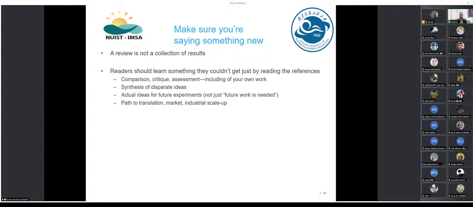By reading a review, the reader should learn some new idea, new path, or novel idea, and how you are connecting two dots, or multiple dots, in your paper. That is the important point for a review.